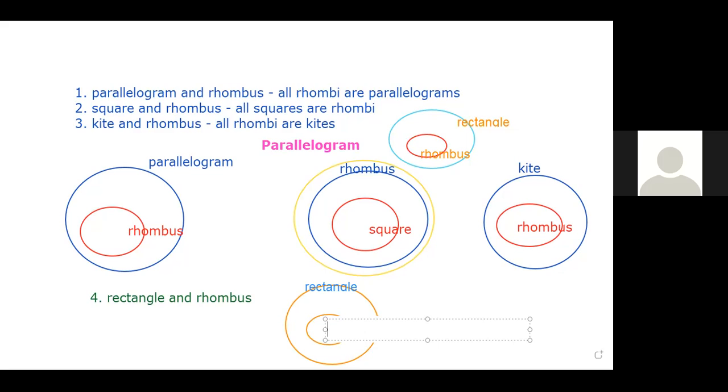Yeah, that parallelogram outside the rhombus is good. But as far as rectangle and rhombus are concerned, are all rhombi rectangles?